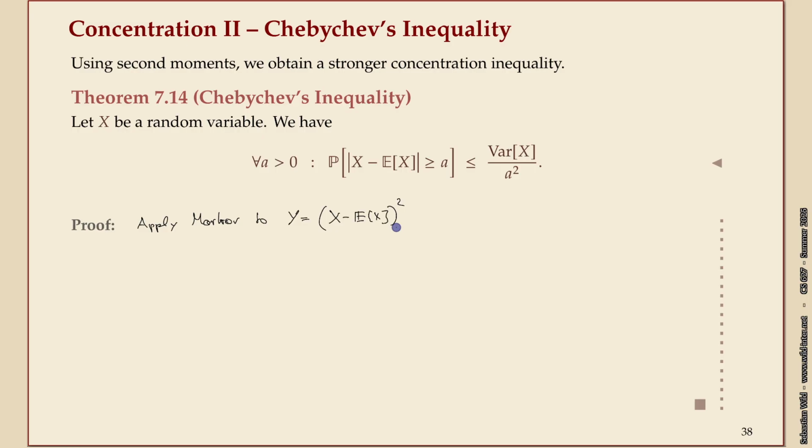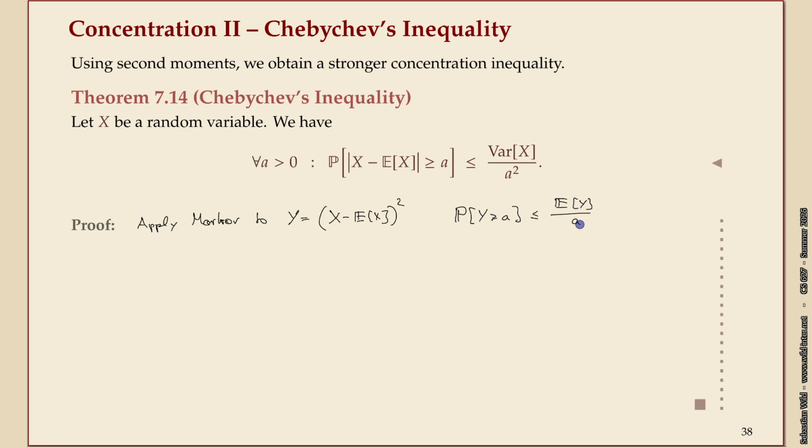Because of the square, it's for sure non-negative. And then I'm applying Markov's inequality to this one. So Markov's inequality, again, says the probability that this is greater or equal a is less or equal than the expected value of this divided by a.